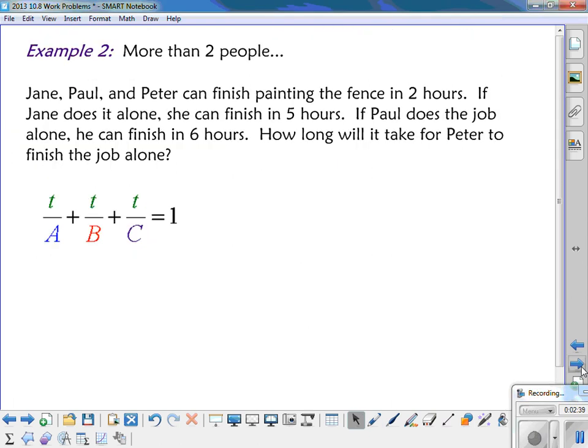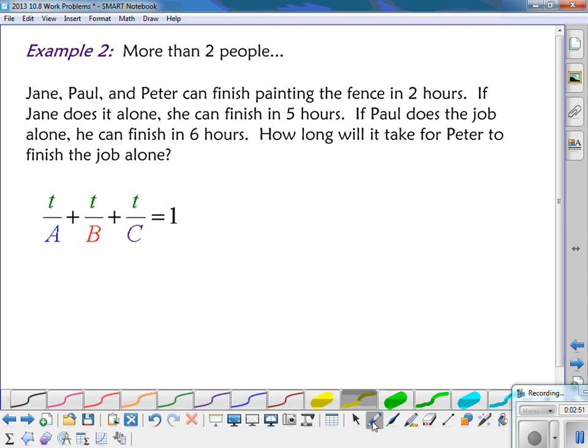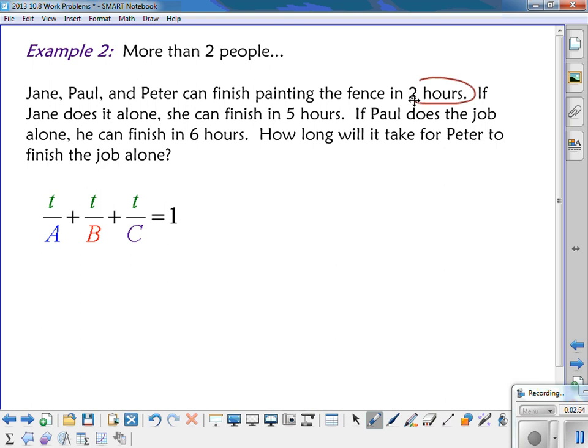Okay, but sometimes you might have more than 2 people, so you just add more fractions. The T on top is still their time together, and then A, B, and C are for the 3 people. So it says Jane, Paul, and Peter can finish painting the fence in 2 hours. So what does this 2 hours represent? It's all of them working together, isn't it? Yeah, so that's going to be my T. That's their time together.